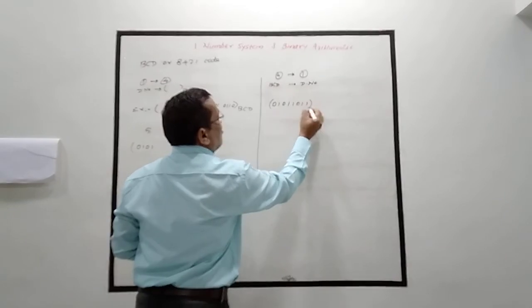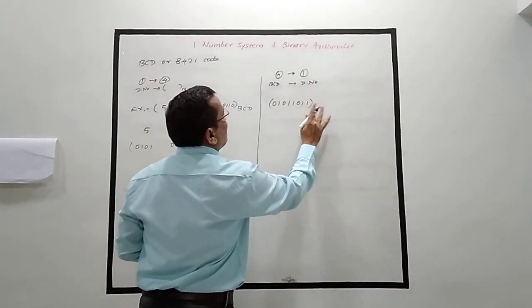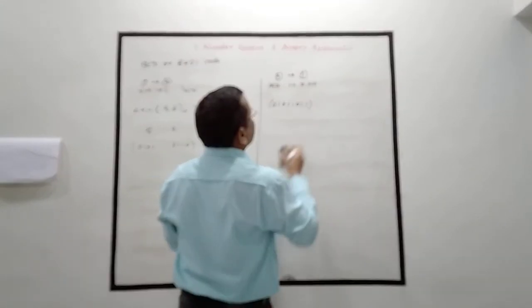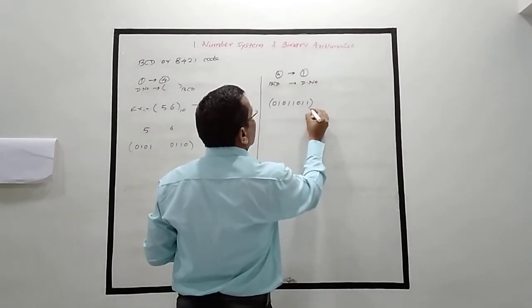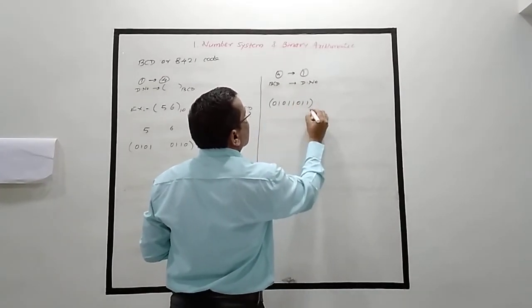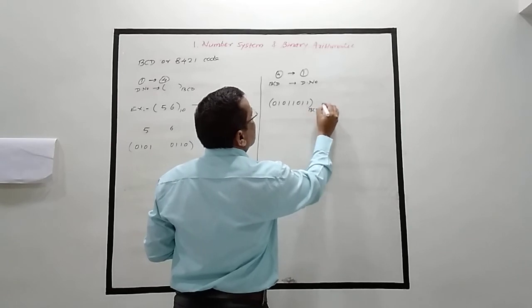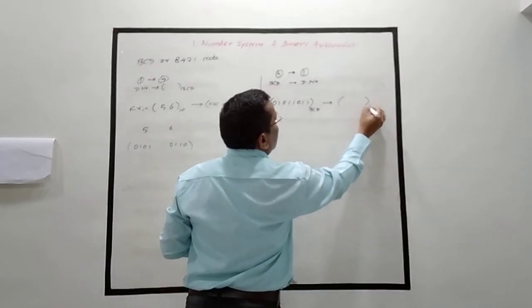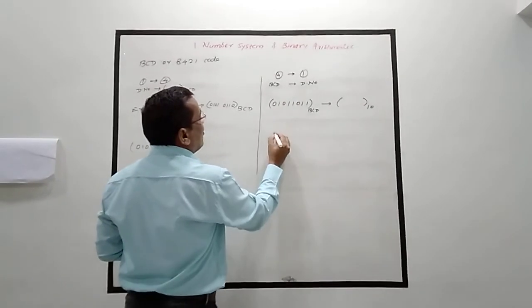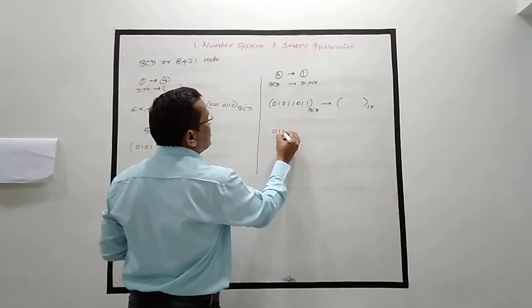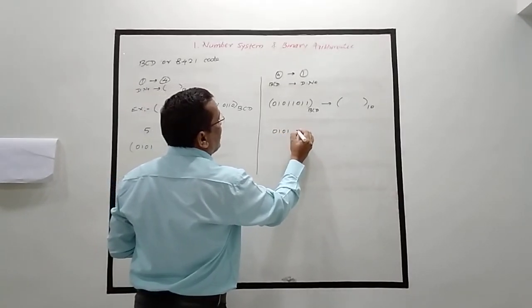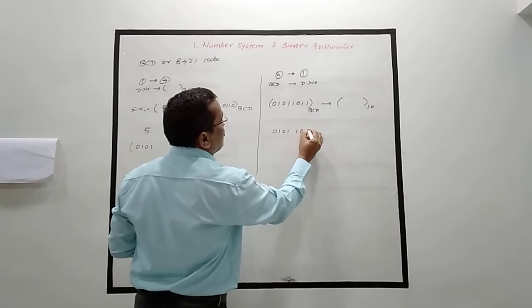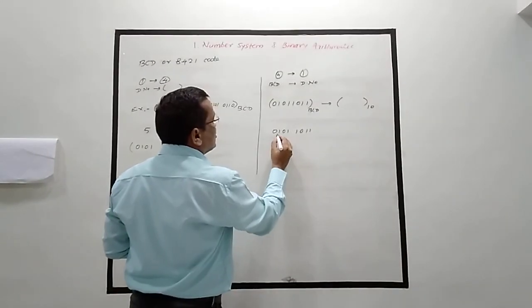This is a BCD number. Making a group of 4, it is to be converted into its decimal equivalent. So making groups of 4 digits: 0101 and 1001.